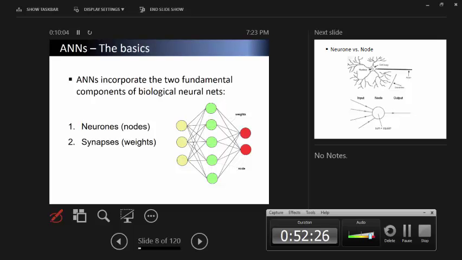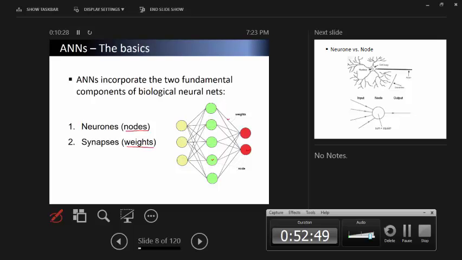And each link has a weight. So in our programming, synapses can be represented as weights, and neurons as nodes. So you have nodes, the circles, and weights, that is the label on the linkages.